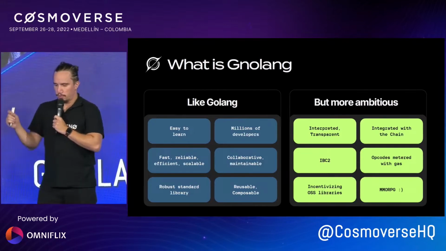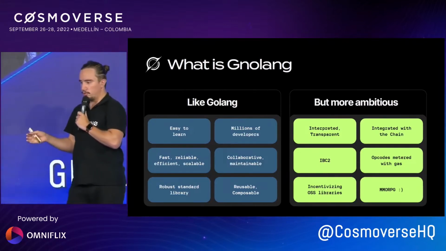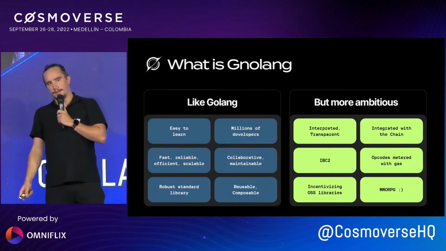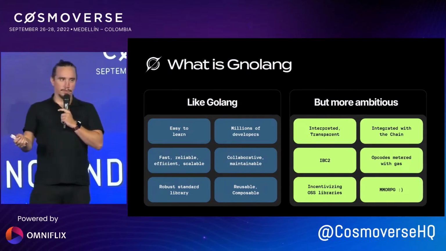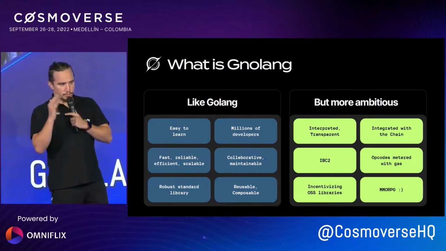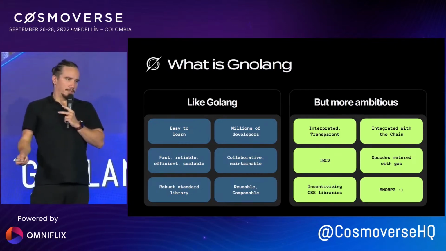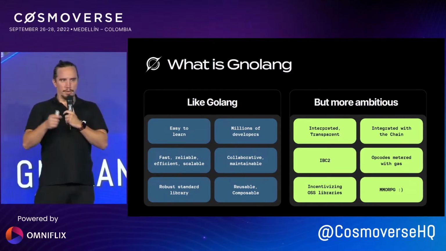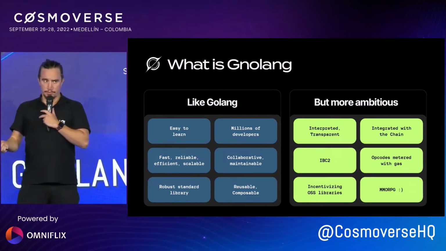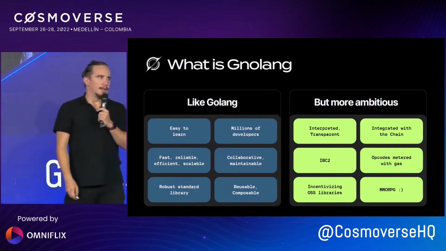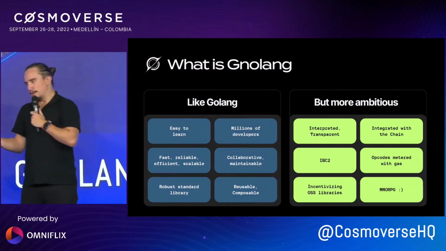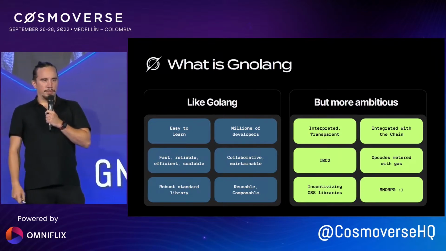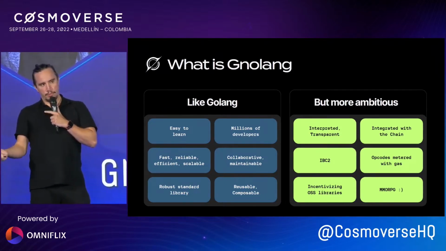And so Gnolang is today only in Gnoland, but the plan is to use it on many other chains. It's based on and inspired by Golang in the Web2 world, which is basically a language with a very good sweet spot between being very simple, very easy to learn, very easy to maintain, and having good performance, being fast, reliable, efficient, etc. There are today multiple millions of existing developers in the Web2 world.